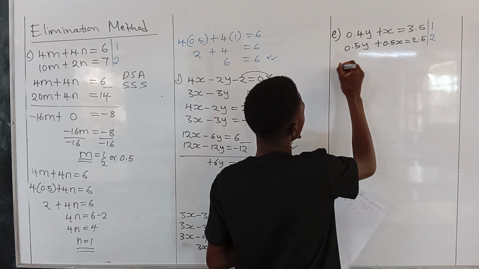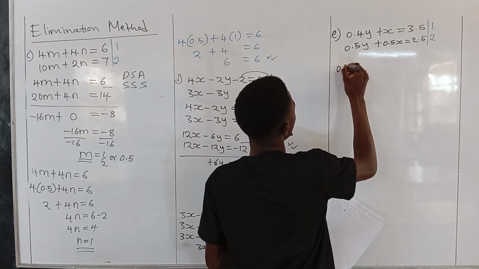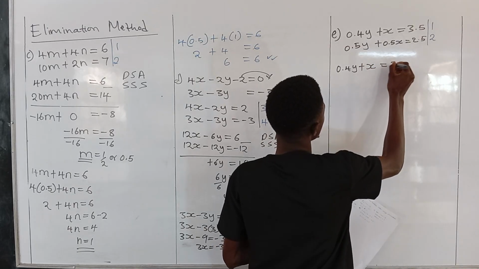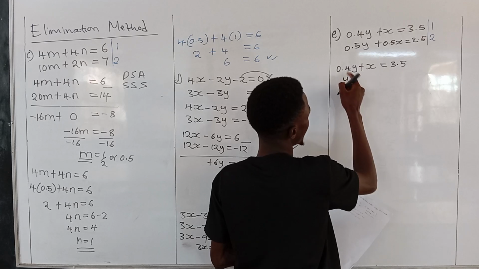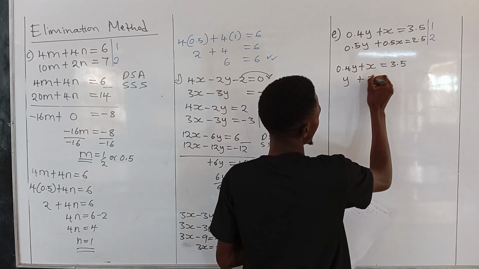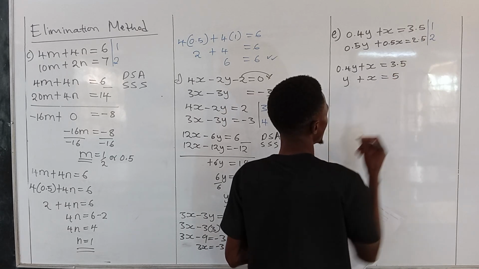So we are going to have a redefined equation: 0.4y plus x is equal to 3.5. And y here, because we multiply everything by 2, plus x is going to give us 5.